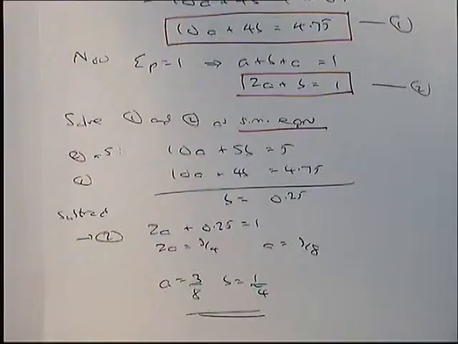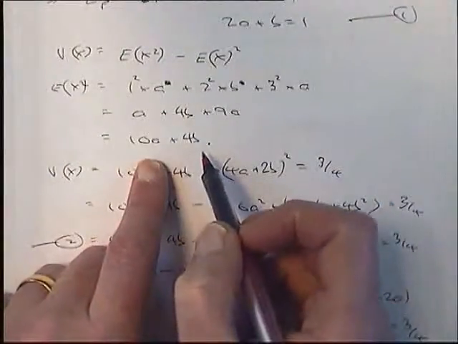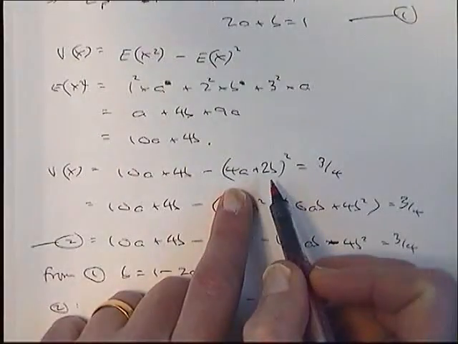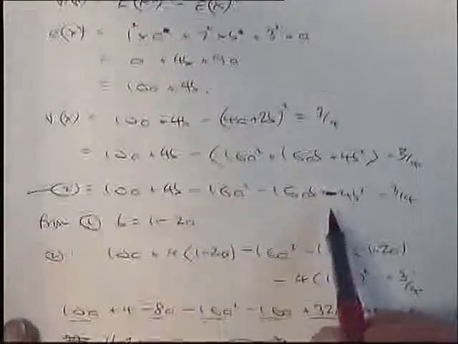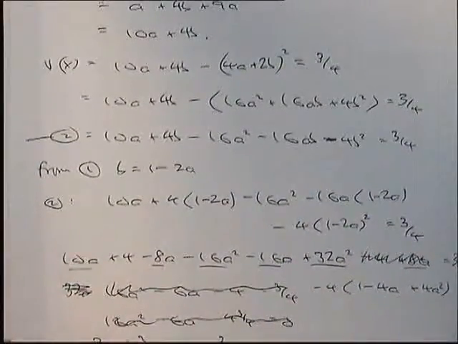If you didn't spot at the beginning that the expected value of x was 2, I'll just show you what happens. You do the same thing, you get the same thing here for the expectation of x squared, but instead of 2, you write this in here. You square it, you get into some quite nasty algebra, lots of stuff that has to be simplified.